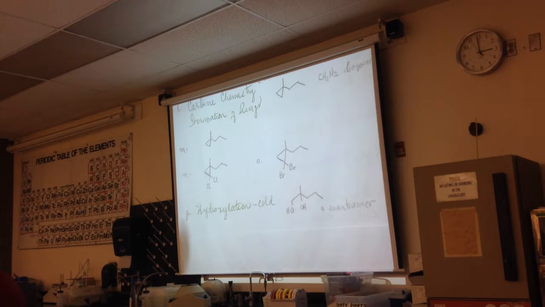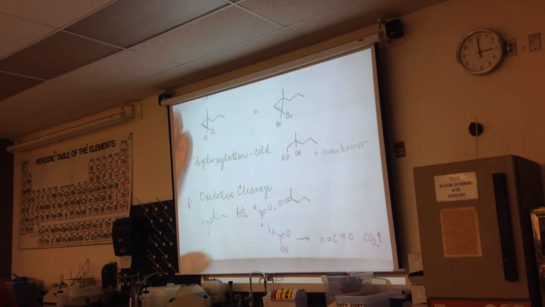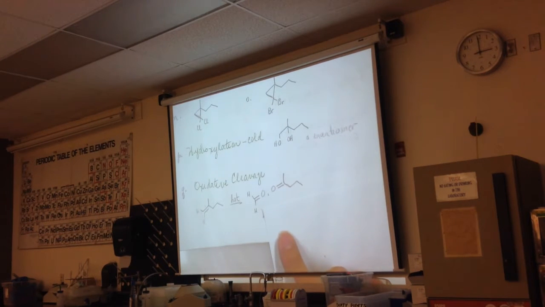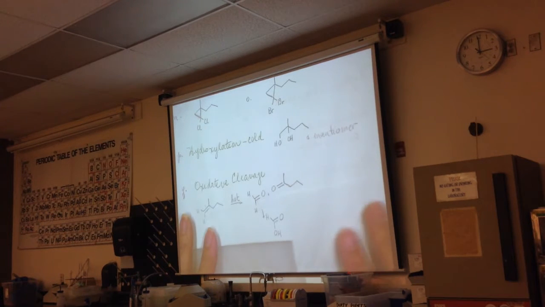And then the very last one where you're going to cleave it. When you're cleaving with permanganate hot, under strong conditions, this is the first thing that happens, just like we did with ozone. So the first thing that happens is you get to the formaldehyde. The problem is that if you're under really strong conditions, you can't stop the oxidation of formaldehyde.